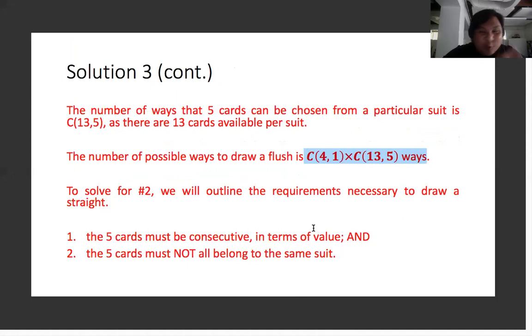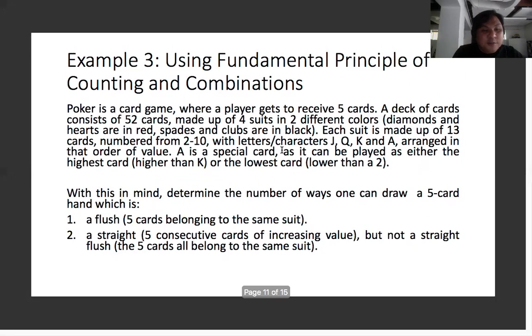If you multiply those, voila, you have your flush combination. So now we're ready for number 2. Let's go back to number 2. Remember, for number 2, we are looking for the number of ways that it has to be a straight, which is 5 consecutive cards of increasing value, but not a straight flush.